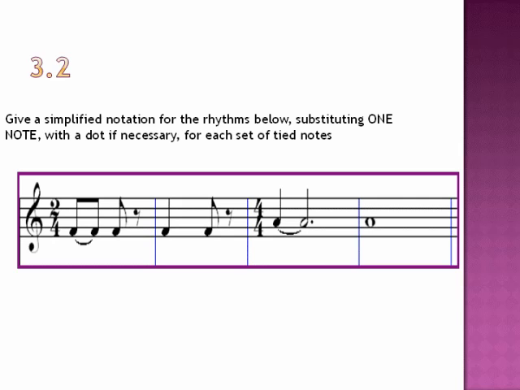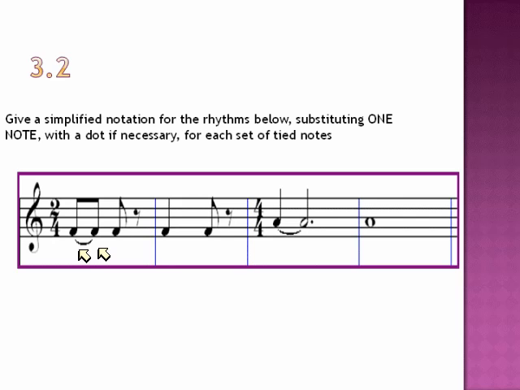So we said the notes tied together have a certain note value or a certain duration. So if I'm looking here at this first measure, and it's 2/4 meter, 2 beats in a measure, and a quarter note gets 1 beat, then here are 2 eighth notes tied together.